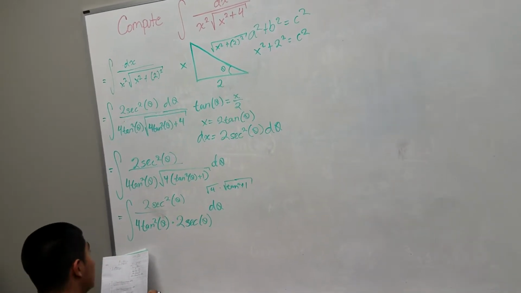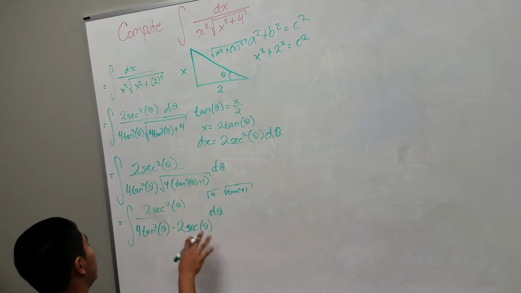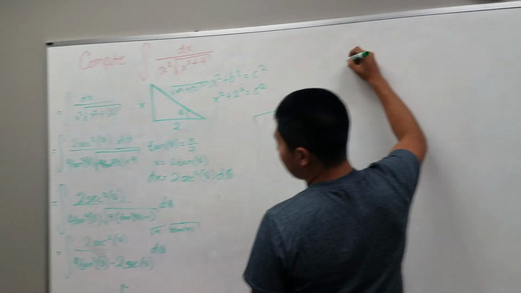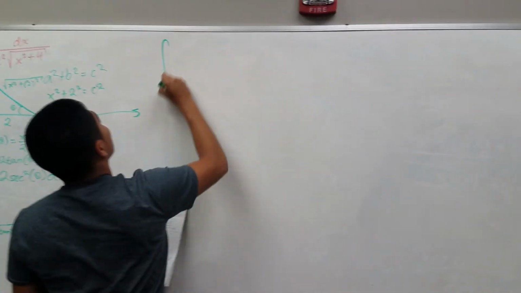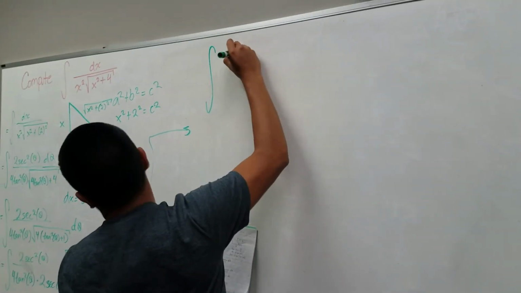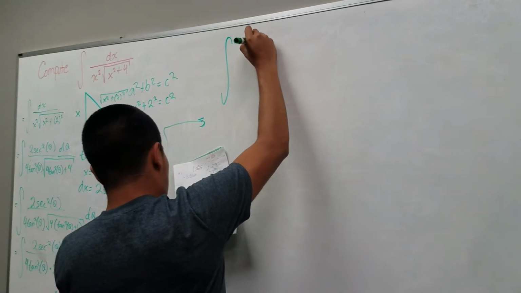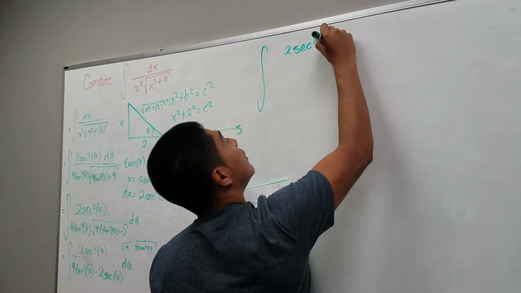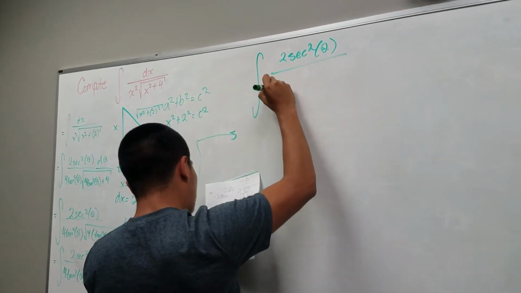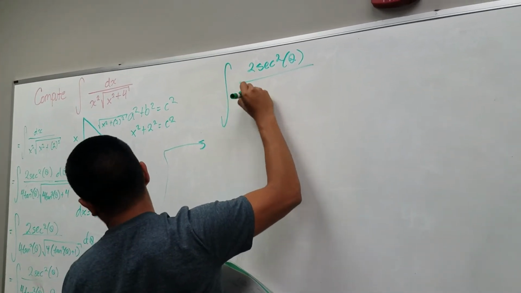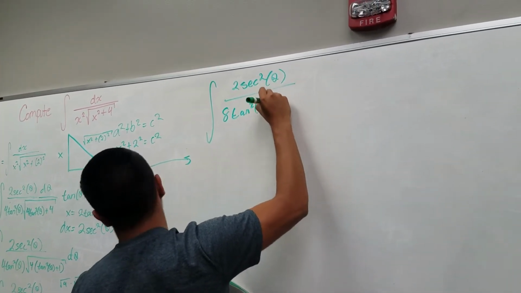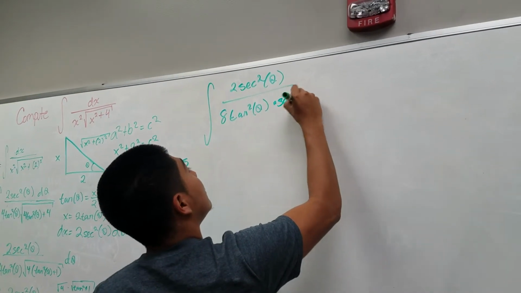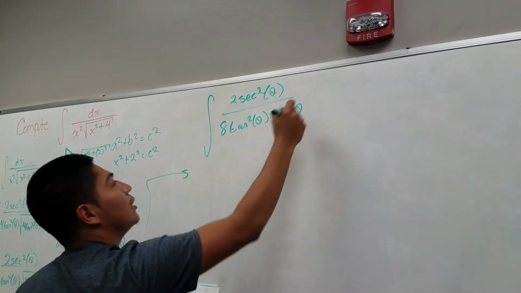Actually we could take this out too, so we can further simplify it to the integral of 2 secant squared of theta over 8 tangent squared of theta times secant of theta, d theta.